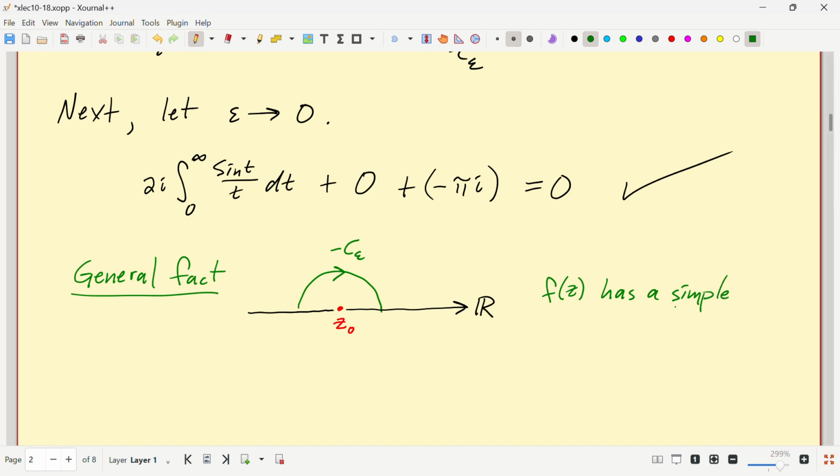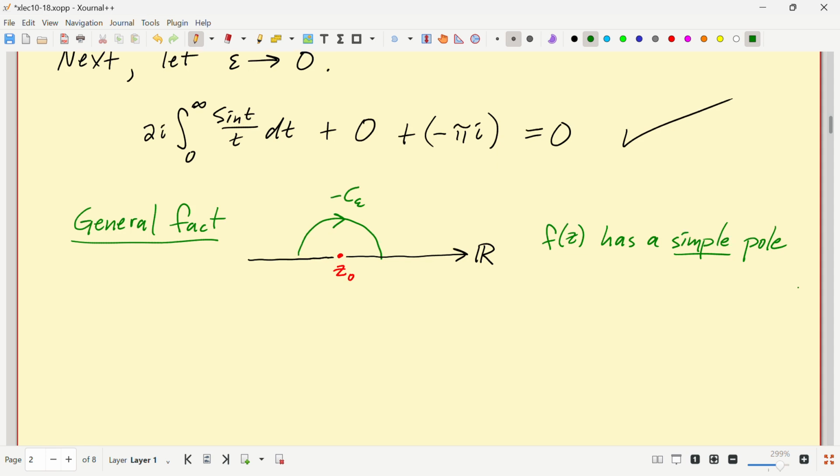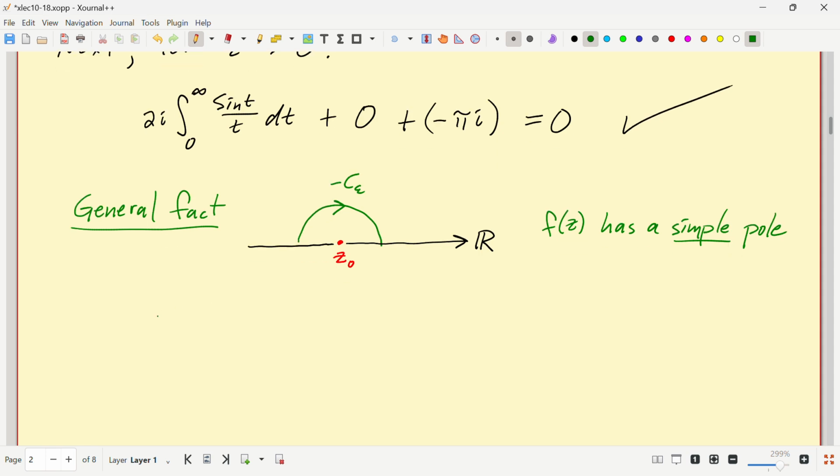That's important. Otherwise, that limit doesn't exist. Then that same calculation shows that the integral along that clockwise thing tends to 1/2 of what it would be if it went all the way around in the residue theorem.